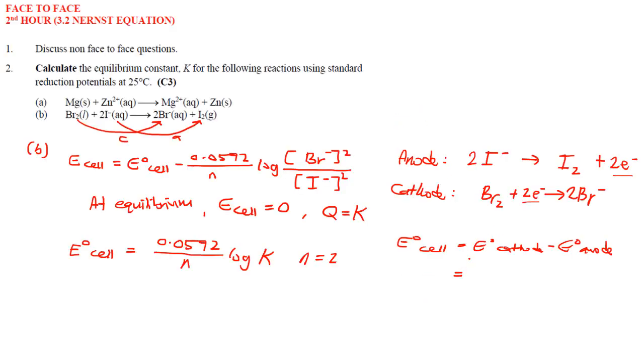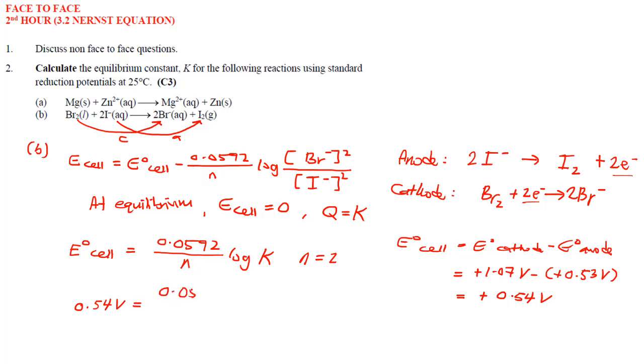Okay, just substitute the values. Okay, should give you 0.54 volt. Okay, so ini adalah value kita punya E naught cell. So we just substitute here.